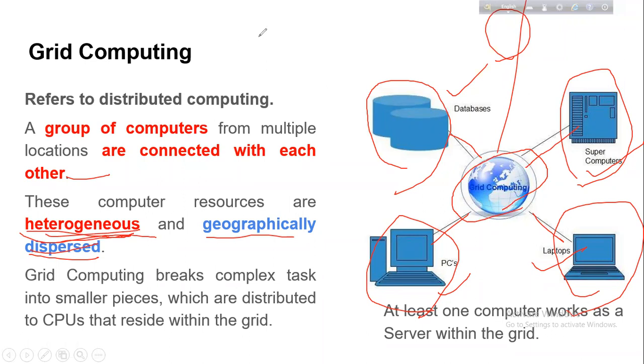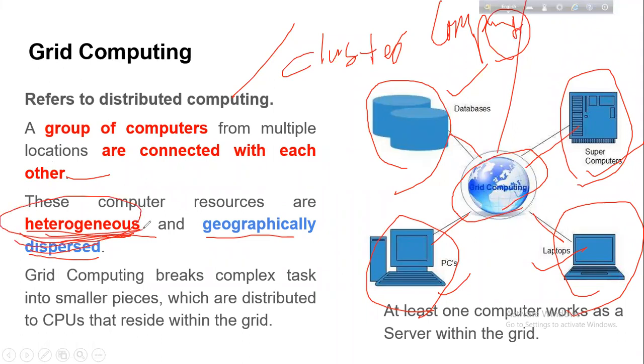So remember that just now I was mentioning another one, cluster computing. The basic difference between grid and cluster is that in grid it's heterogeneous, but cluster uses similar types of computers, devices or resources, similar concept of geographically dispersed but similar type of resources.